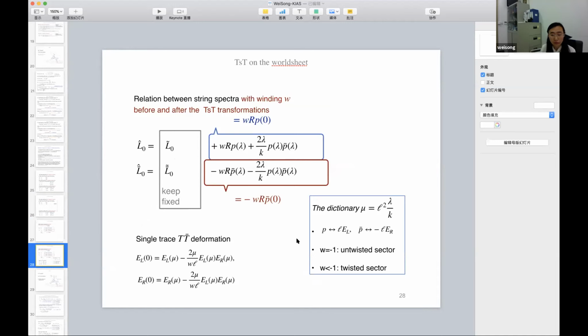Namely, this P again is the momentum along one U(1) direction, and it will be mapped to the left moving energy in the dual field theory, and P bar is the right moving momentum on the worldsheet, and it will be mapped to the right moving energy in the dual field theory.